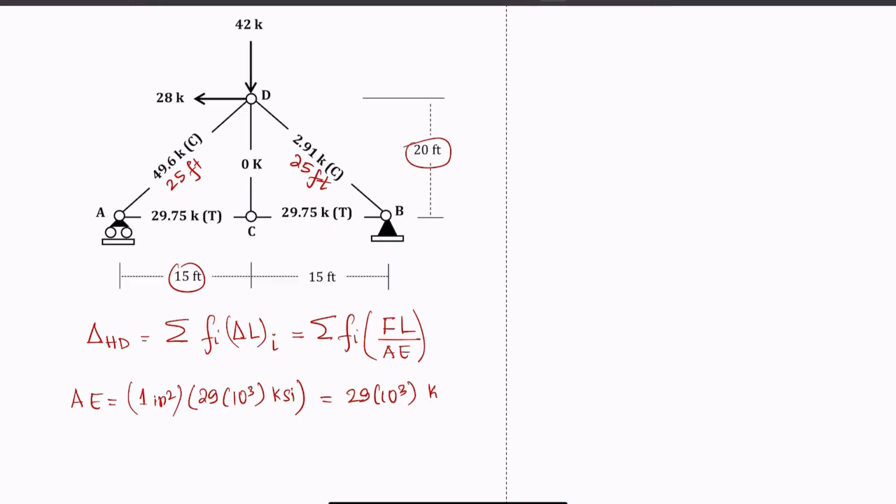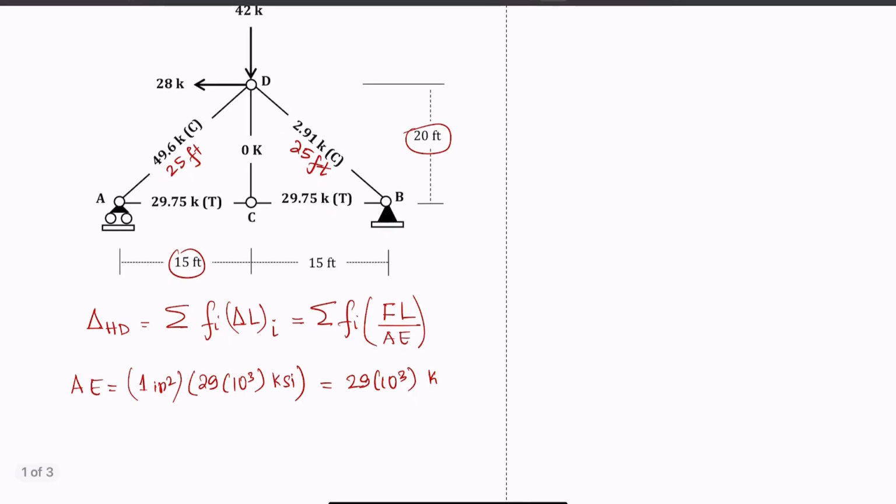Now, how do we find the member forces? These are the member forces for capital F. Remember, capital F is the member forces due to external loads, and this small f is due to unit load.